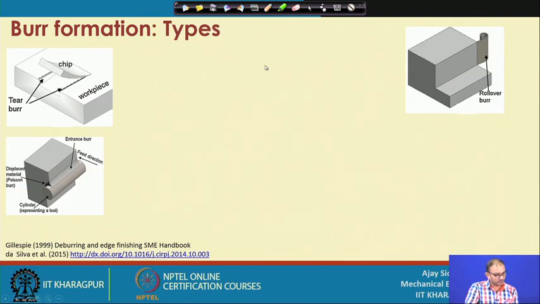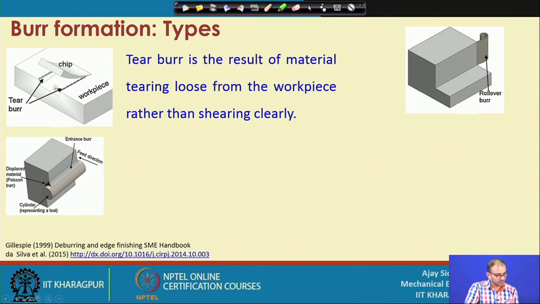Right. So what are the types of burrs? Here some burrs are given. This is called tear burrs. What is a tear burr? It is the result of material tearing loose from the workpiece rather than shearing action. Consider your tool is located here and you are penetrating your tool in this direction.